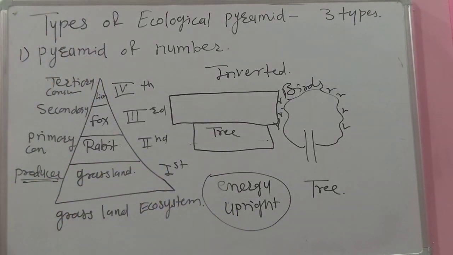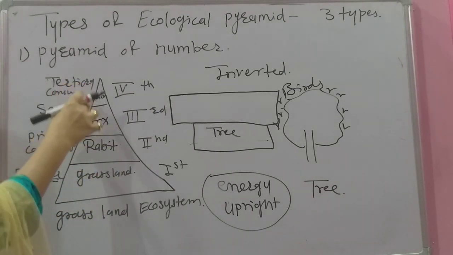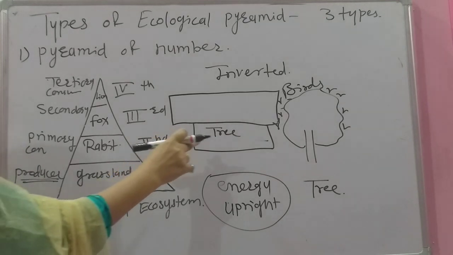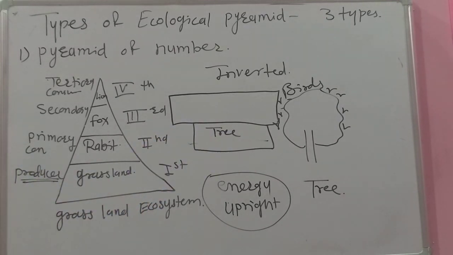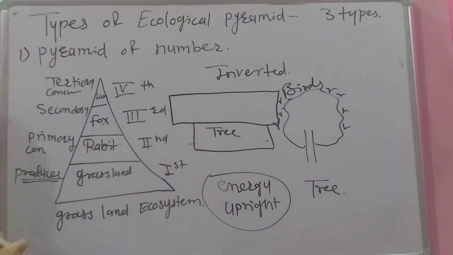The number of organisms decreases in the upright pyramid, and in the inverted pyramid the number increases. There are two types of pyramids in this first type, the pyramid of numbers: upright pyramids and also inverted pyramids, but the energy is always upright in both shapes of the pyramids.